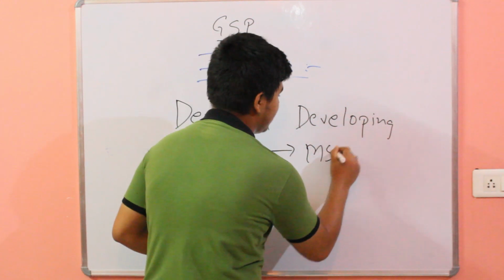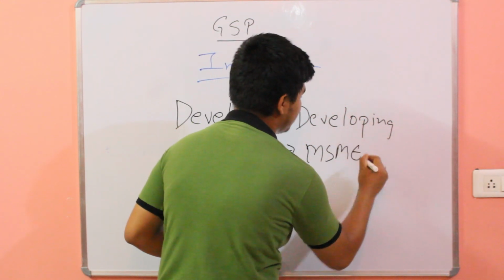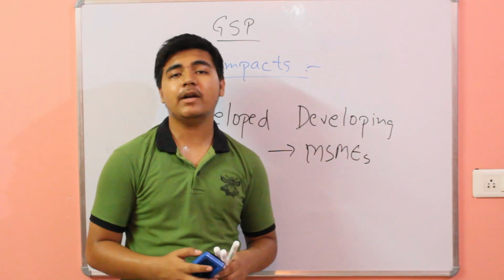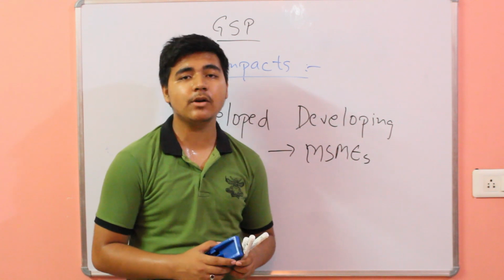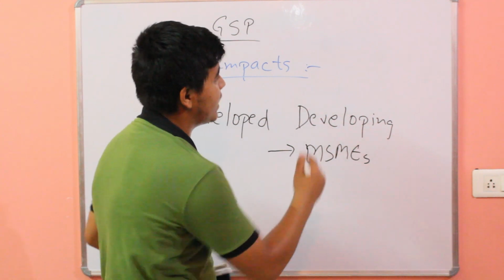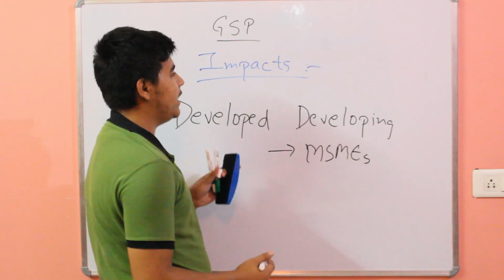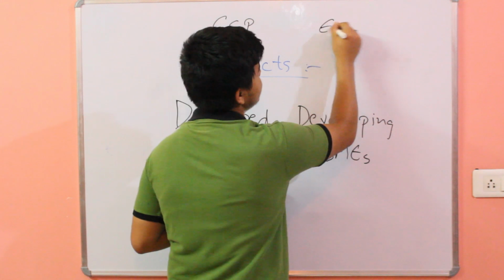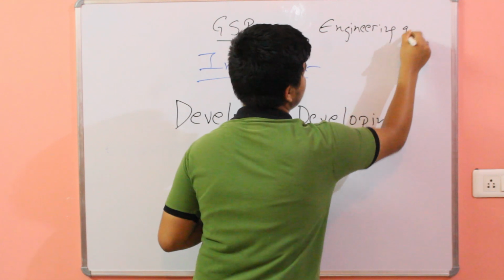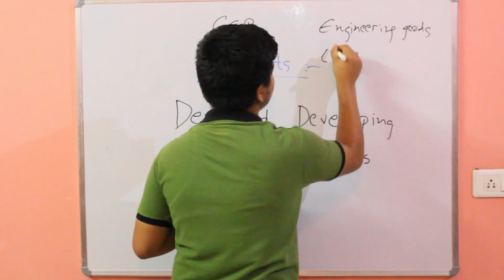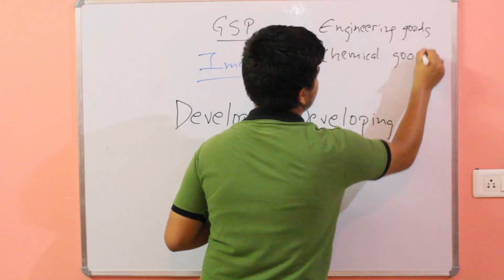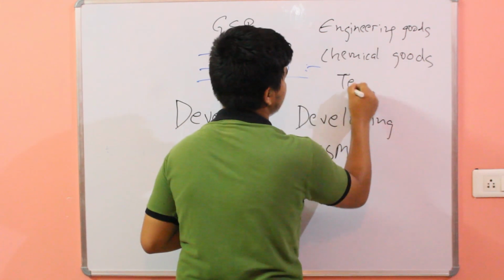In developing countries, MSMEs, that is micro, small and medium enterprises, will get affected. If we are talking about India, MSMEs play a major role in the employment of people, and the major areas where exports from India to the US happen are engineering goods, chemical goods, and textiles.